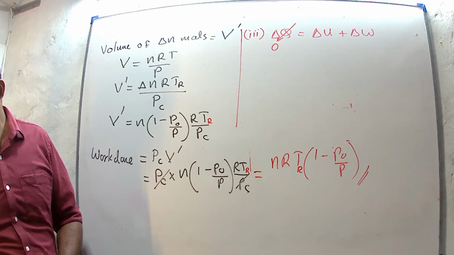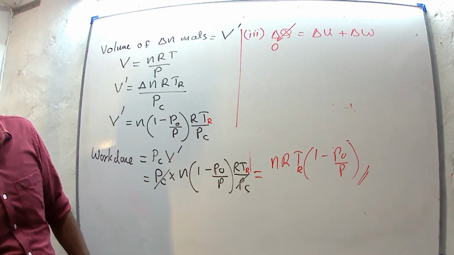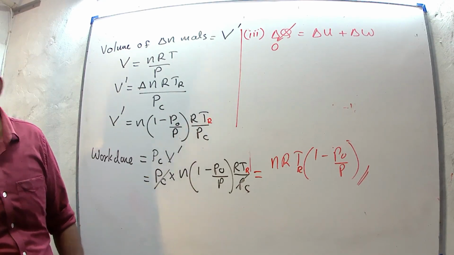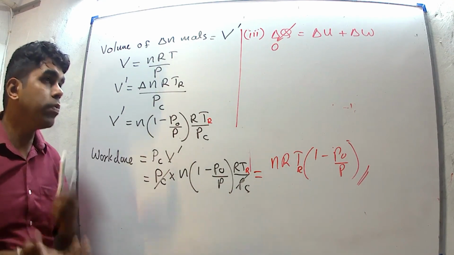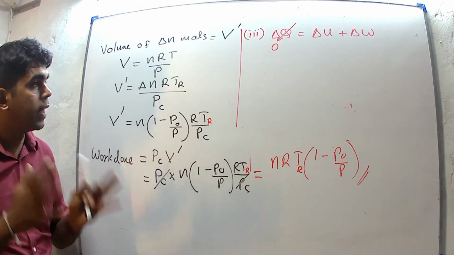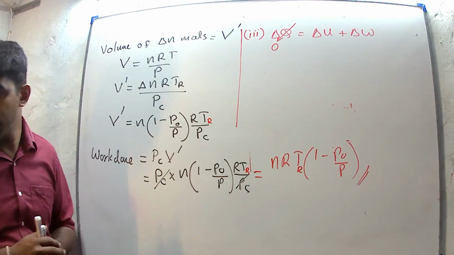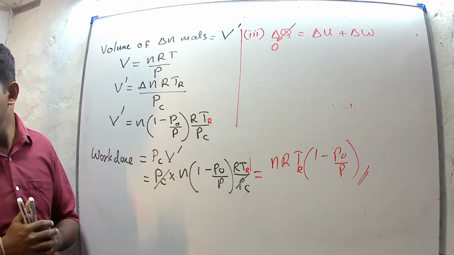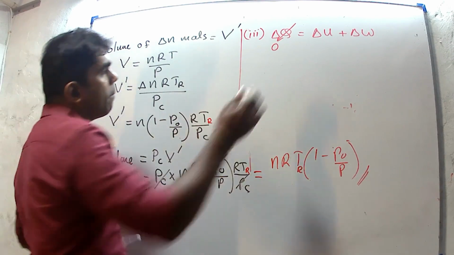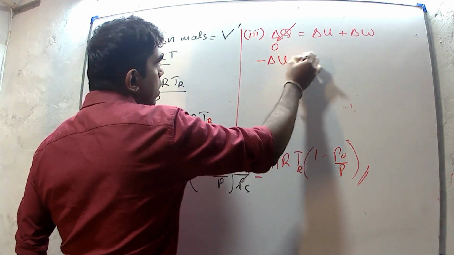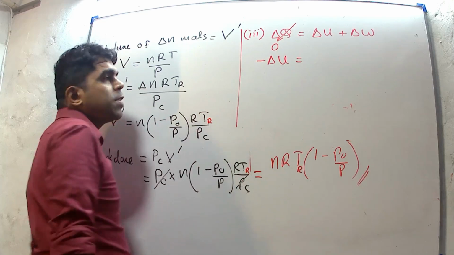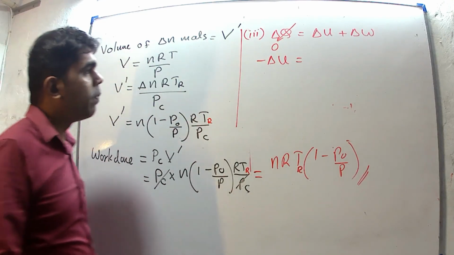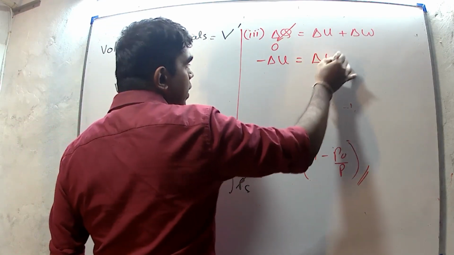Adiabatic means there is no heat flow into gas, so there is no heat flow from gas. Delta Q equals 0. Then we can get minus delta U. This is the decrease of internal energy. Should be equal to work done.